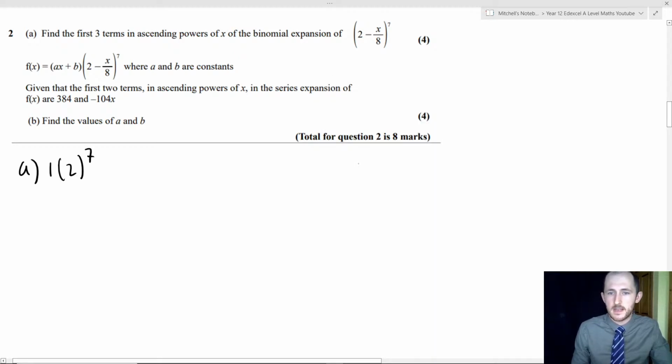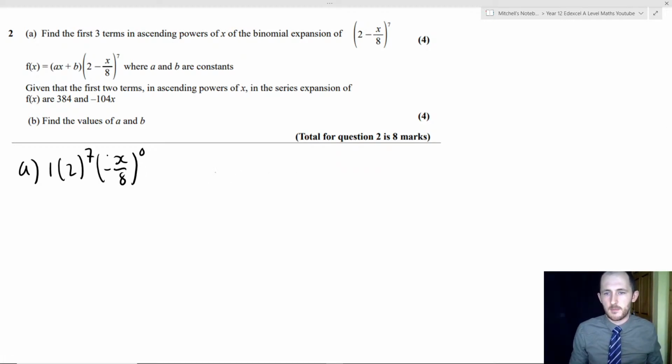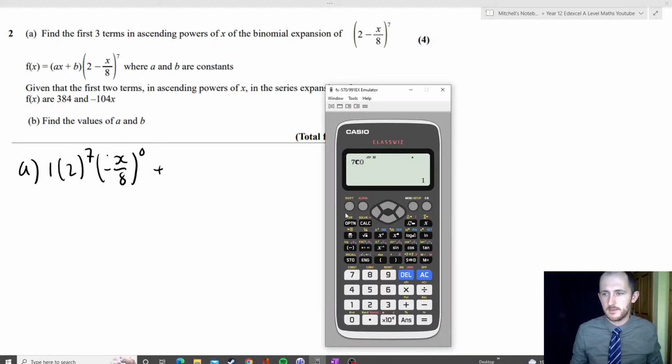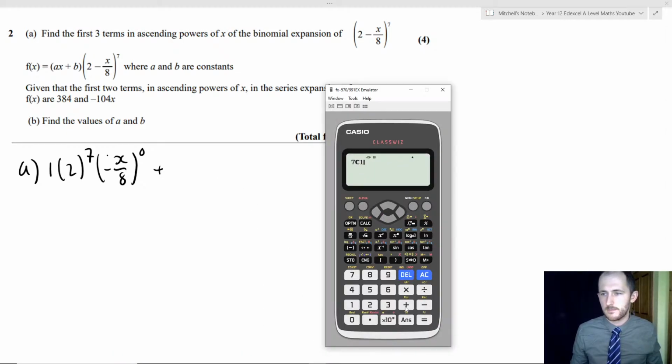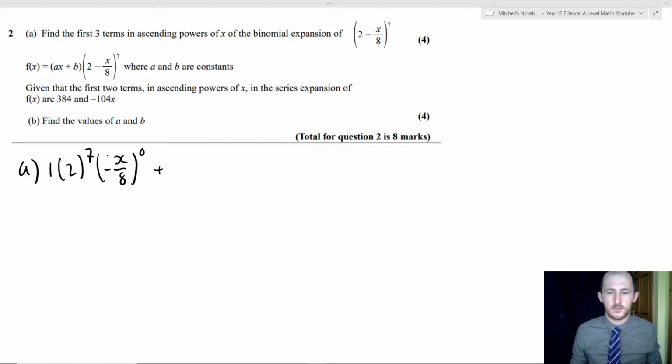2 to the power of 7, and I'm going to keep writing the minus, like the other bits here. I'm going to keep writing it even though you don't need to. Okay, you don't need to. And then that'll be plus. And then what is the value going to be? 7. Oh, that's handy.